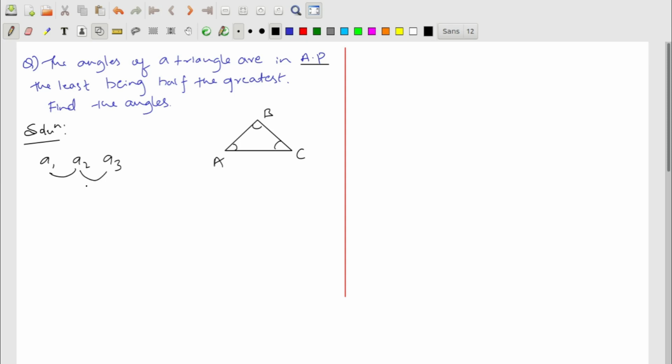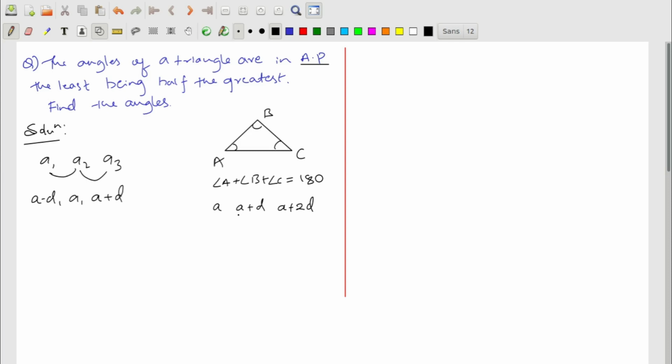So whenever three terms of the AP are given, better take those three terms as A minus D, A, and then A plus D. And even here we know that by the angle sum property, angle A plus angle B plus angle C is equal to 180, right? So if you know the sum of three angles, instead of taking A plus D, A plus 2D, this is our general form.